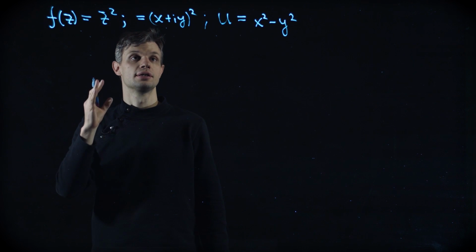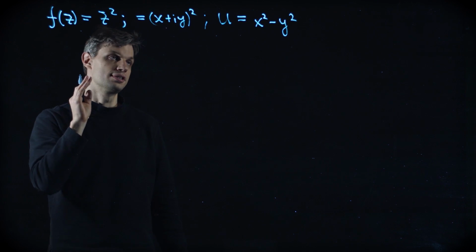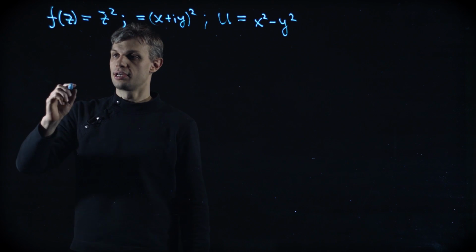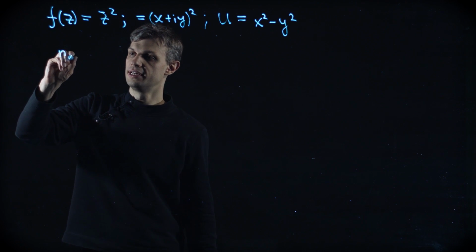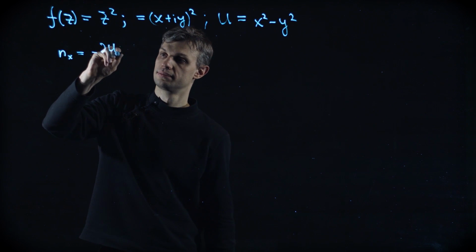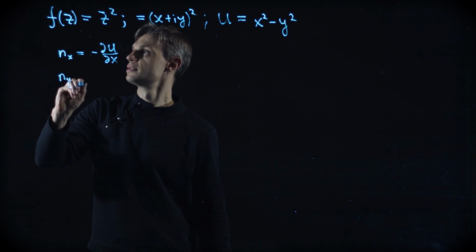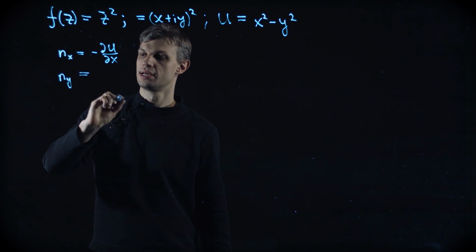Now let's actually try to figure out what the curves of steep descent directions are. Okay, as we remember, the direction is defined by the following steepest descent direction equations.